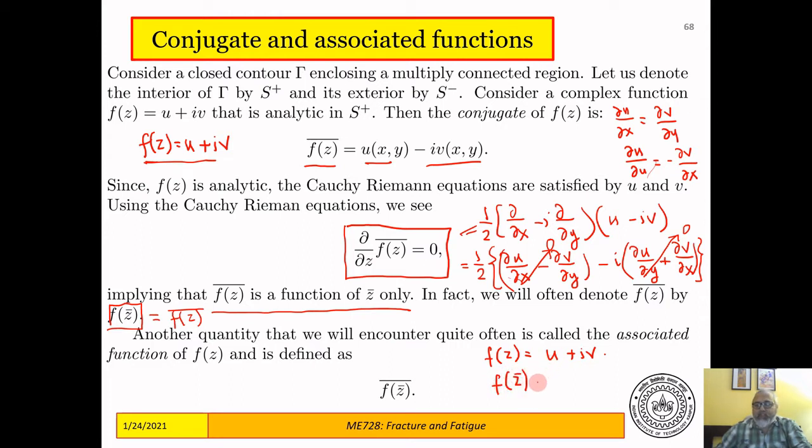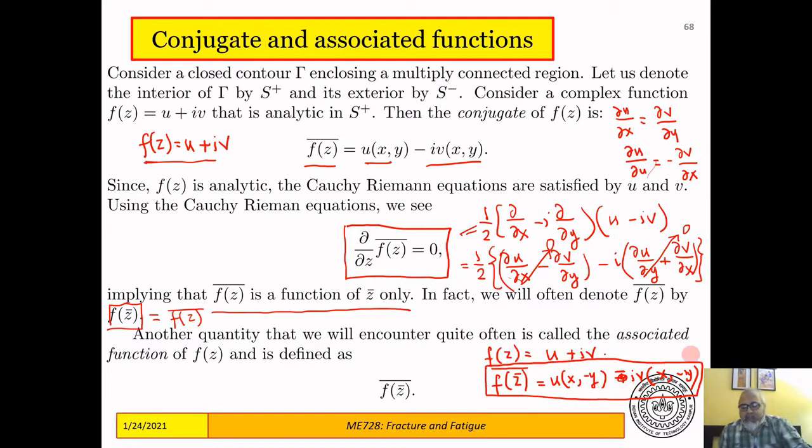So that will give you u(x,−y) plus i v(x,−y). So this is what evaluating it at z̄ means. Now if you take the bar of the whole thing, then you will change this to minus. So this is u evaluated at (x,−y) minus i v evaluated at (x,−y).